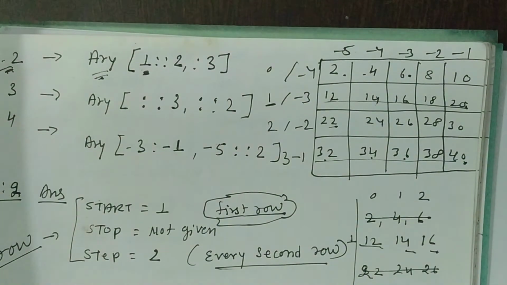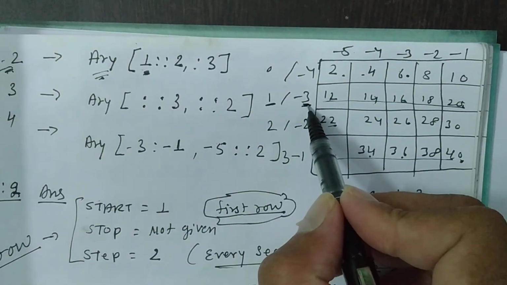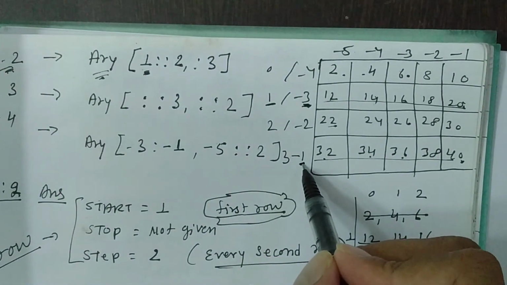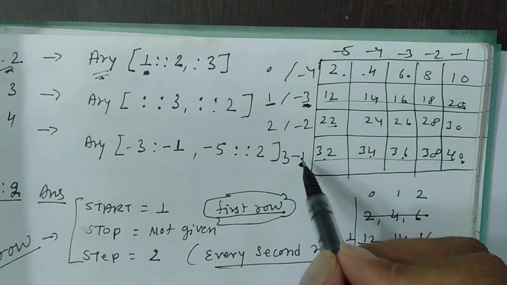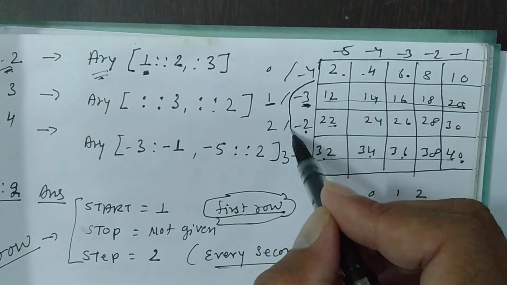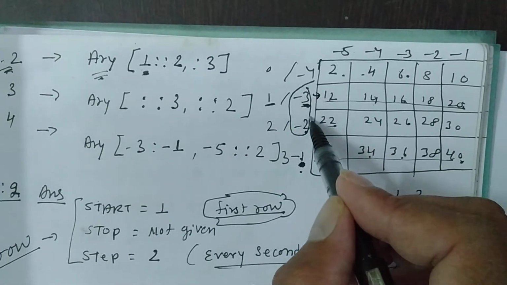Which one is -3? This is -3, and where do we have to go? We have to go till -1. But you know indexing always goes with n minus 1. So -1 and -1, this is -2. So we will represent only 2 indices, -3 and -2. These 2 rows we will represent.